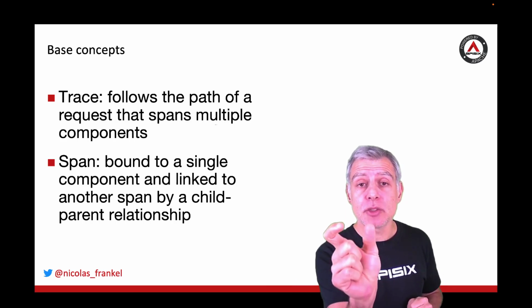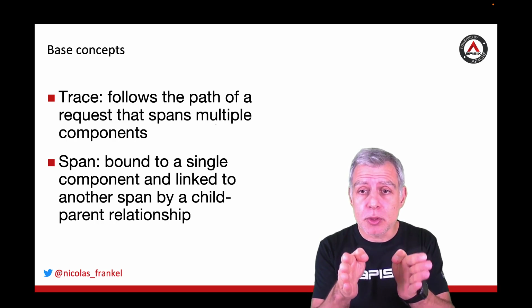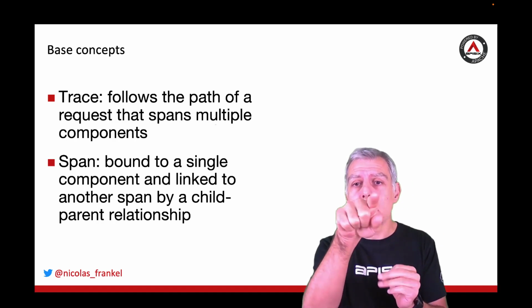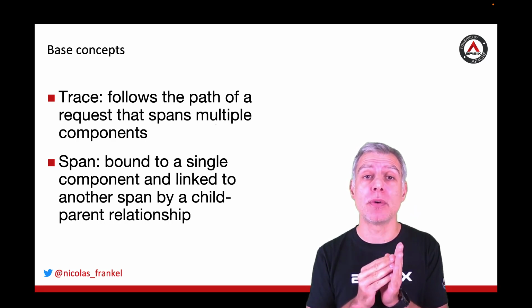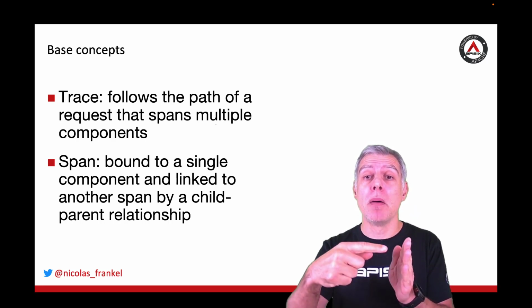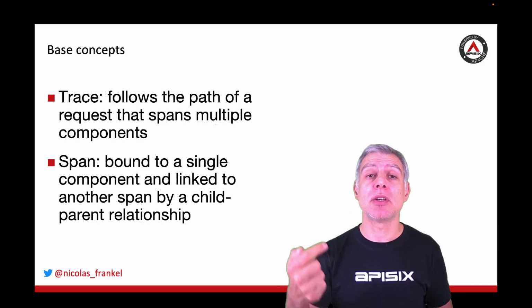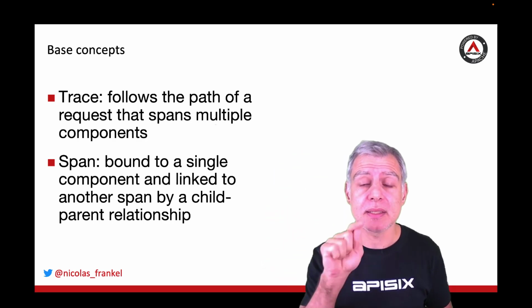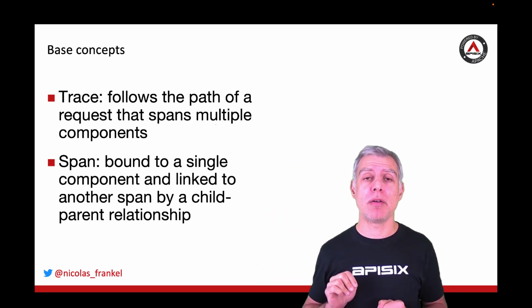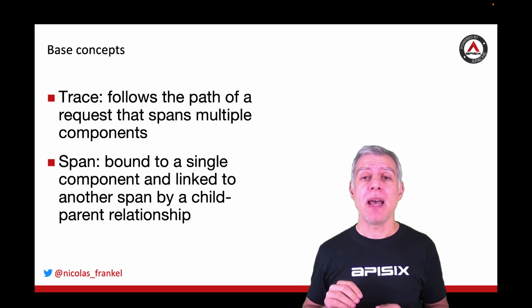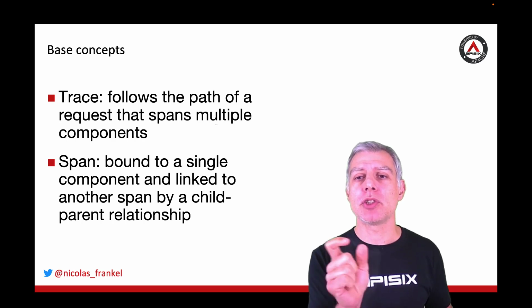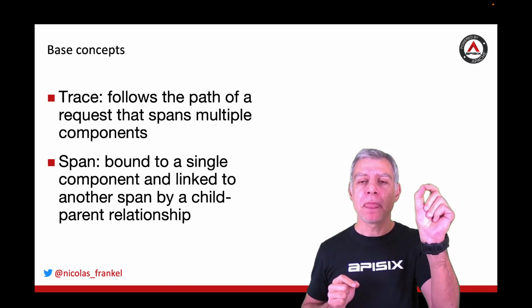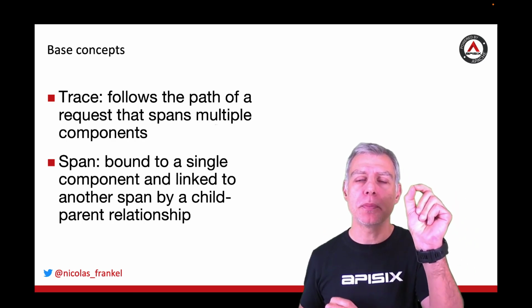And then you've got a span. The span is the execution of one part of the trace in a single component. And of course, for each component, you can have multiple spans if you're interested in where inside this component the flow of the request goes. And each of those spans are bound together in a parent-child relationship. The first component is the important one.